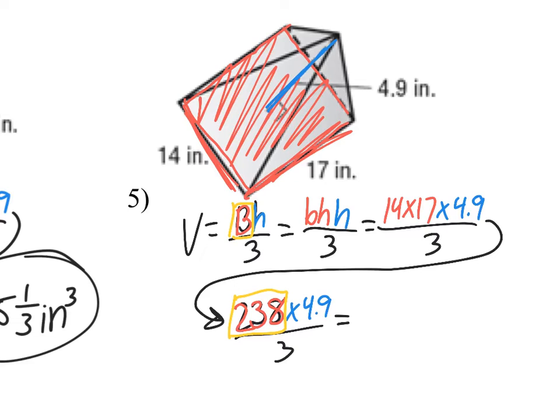So 238 times 4.9 comes out to 1,166.2. And we'll divide that final answer by 3. We divide that by 3, we get yet another amazingly gross number, 388, and I'm going to round this to 0.7. That'll be inches cubed.